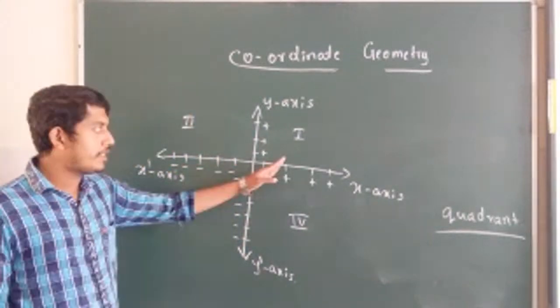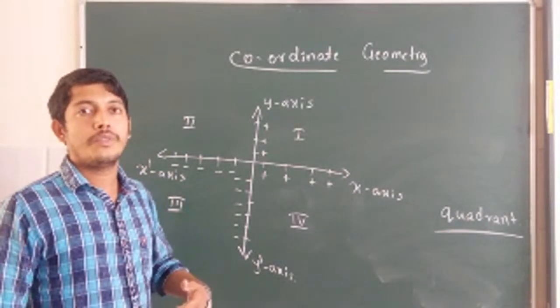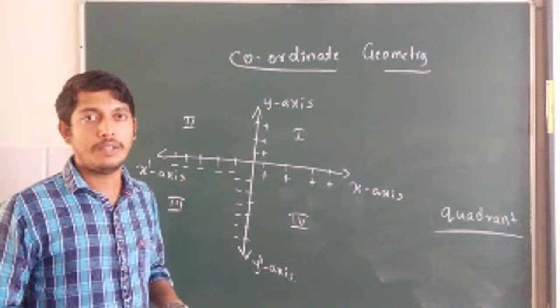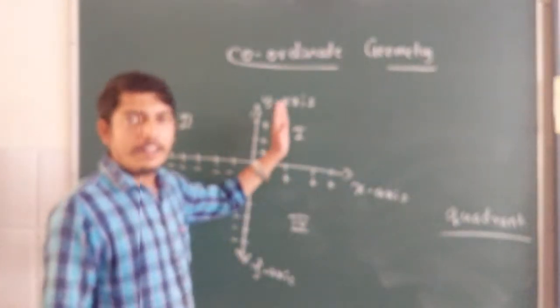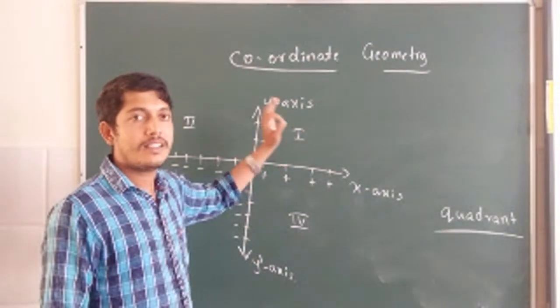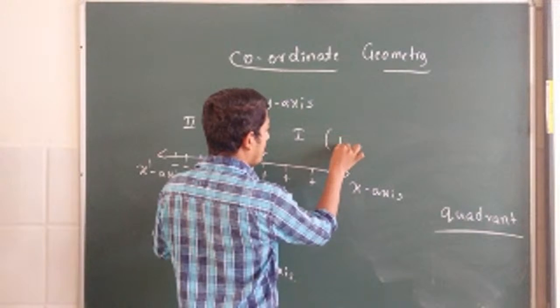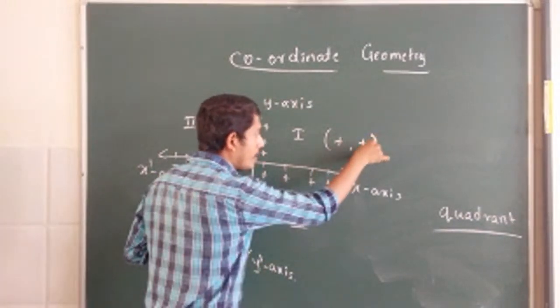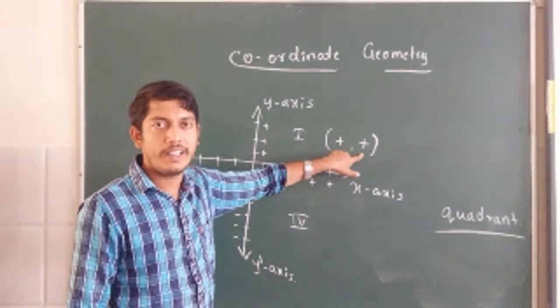If any point is present in the first quadrant, then we have to take the sign also and write the values. For example, if the point is present in the first quadrant, then the point will have the signs plus, plus, because the first value is the abscissa and the second one is the ordinate.